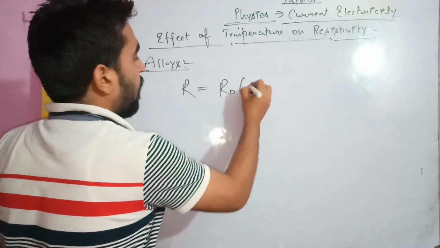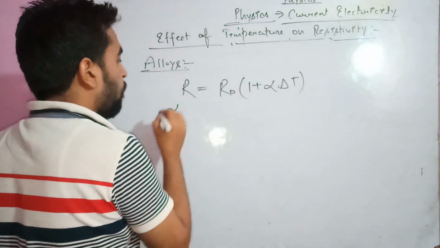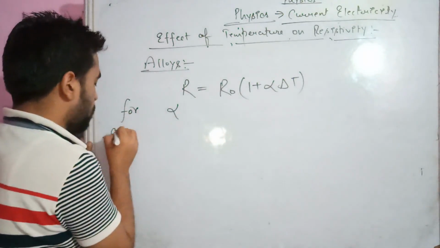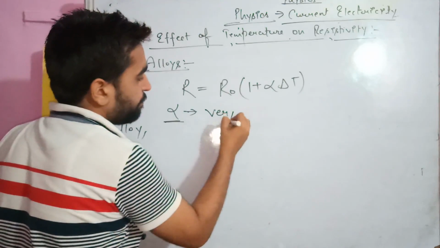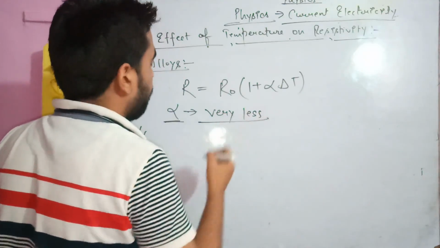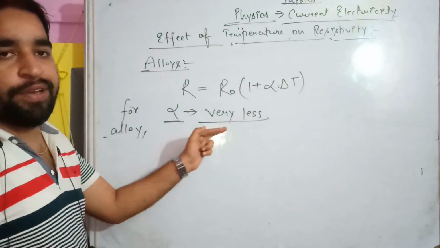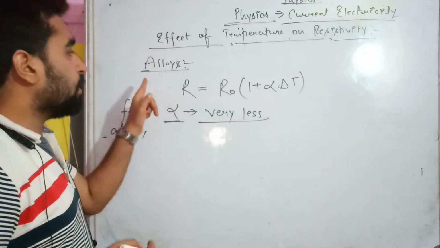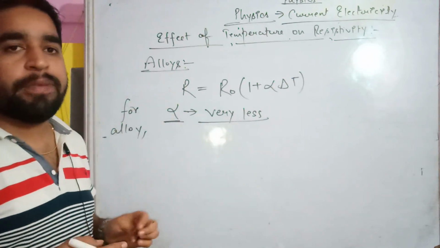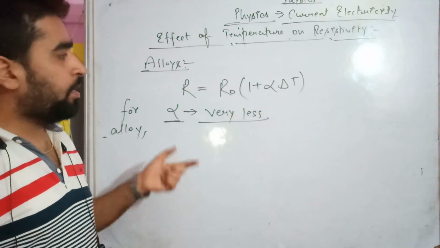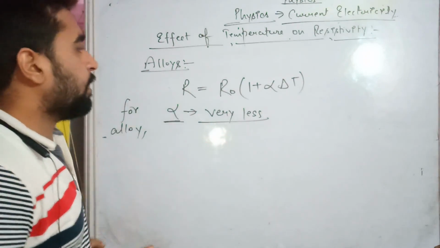R is equal to R naught into 1 plus alpha delta T. So let me tell you one thing. For alloys, the value of alpha is very less. So there will be less effect of changing temperature for alloys. They will be comparatively less affected, as the value of alpha offered by these alloy materials is small.